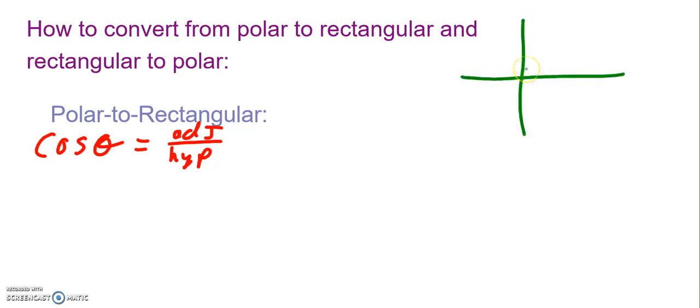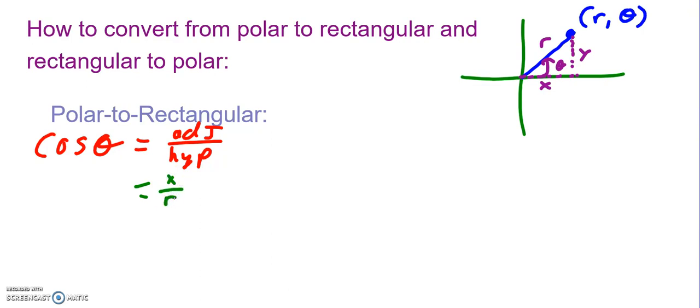so if I have some polar point here, where this is r, theta, I know that this is x and this is y, right? Where this is r and that's theta. So I know that this also equals x over r.